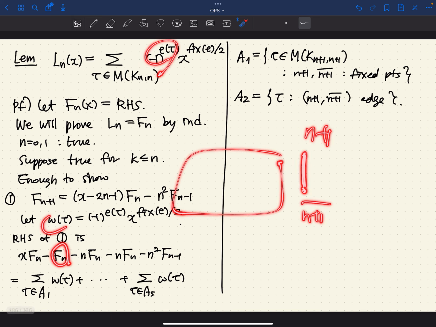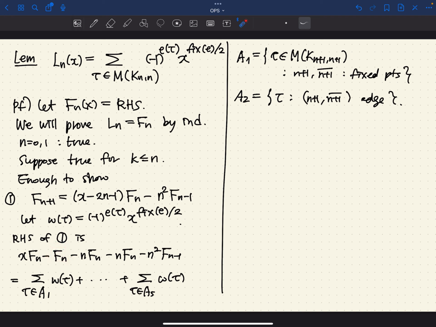So we get this exactly, right? That's simple. And A3, now you can guess what this should be. Basically, we connect n plus 1 with something that is not n plus 1 bar. So say i, n plus 1 is an edge, where, of course, i is at most n.